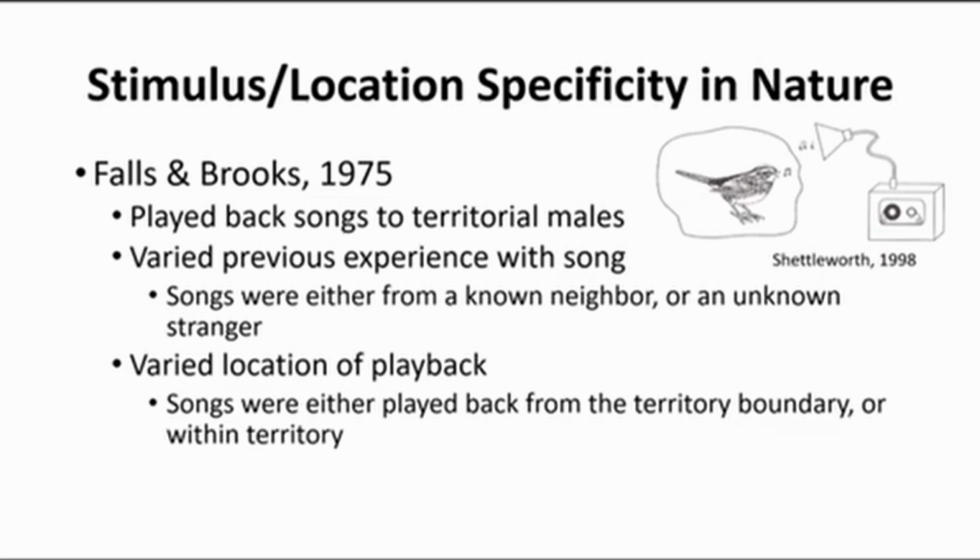So a fight, quote-unquote fight, between male songbirds might not actually involve a physical confrontation. It might involve a duet where they sing their songs and the better singer defends their territory and the worse singer leaves.